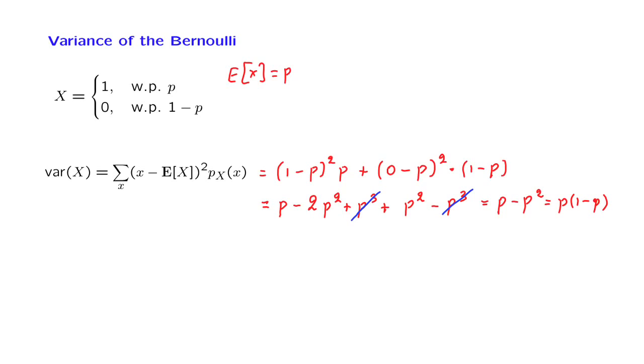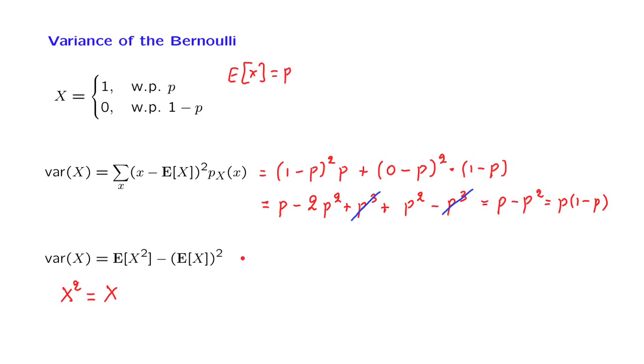An alternative calculation uses the formula that we provided a little earlier. Let's see how this will go. We have the following observation. The random variable x squared and the random variable x, they are one and the same. When x is 0, x squared is also 0. When x is 1, x squared is also 1. So as random variables, these two random variables are equal in the case where x is a Bernoulli.